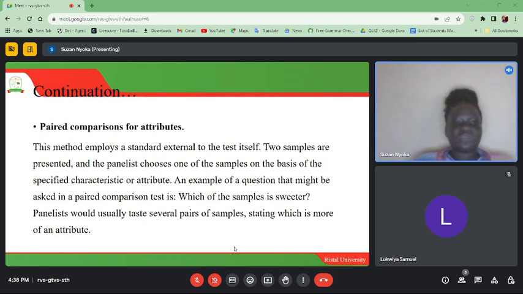Here you put your samples, and there are some attributes or characteristics that you need your panelists to look at. All the panelists have to do is look at the one which is sweeter and list it out. And then panelists will usually test several pairs of samples, stating which has more of an attribute.